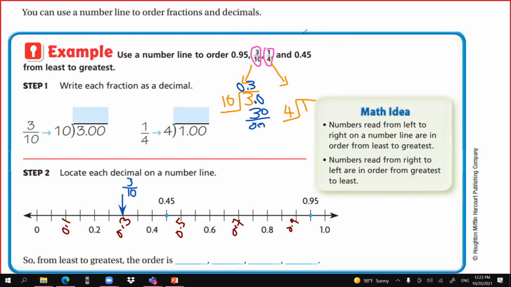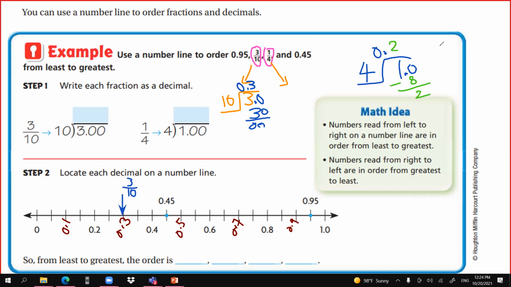Now, let's see 1 over 4. I want now to convert it. So 1 divided by 4. Decimal point, adding 0 now. 10 over 4, 2. Now divide. 2 times 4, it's 8.